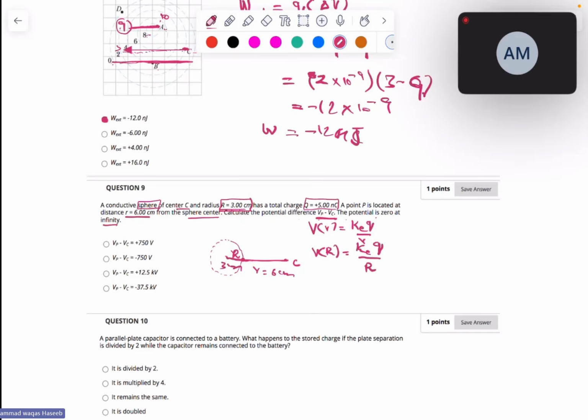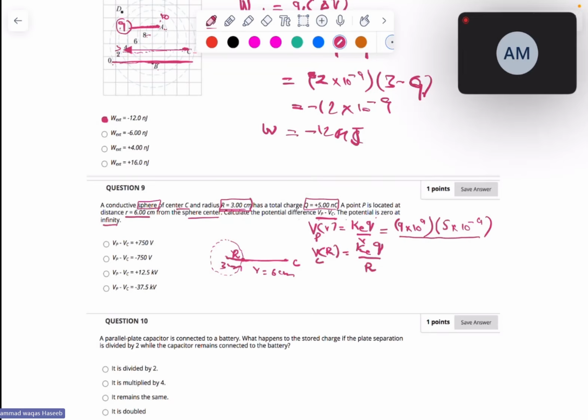So the potential at point P and the potential at point C. K is nothing but 9 into 10 to the power 9. Charge is the same, 5 into 10 to the power minus 9 coulomb over the distance. If we are talking at point P, this is our distance.